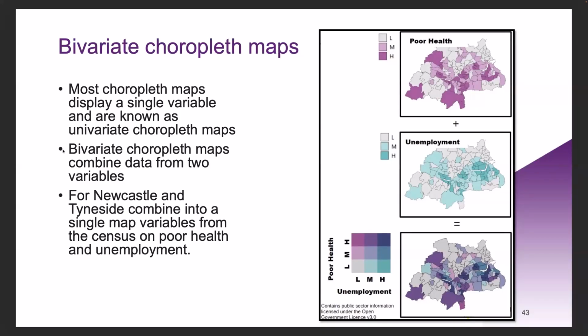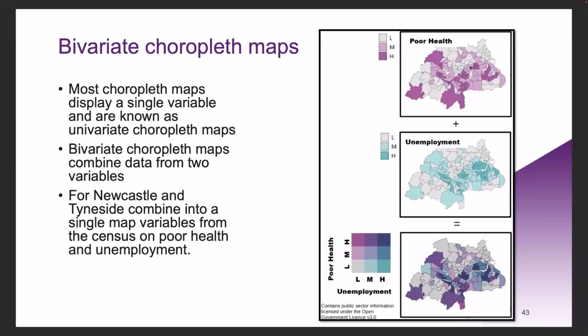A bivariate choropleth map, on the other hand, will show simultaneously two variables at the same time, which can be really useful for census data, because it means you can create some more interesting maps. And that's what you can see right here. So at the top we have these two univariate choropleth maps, one for poor health and one for unemployment.